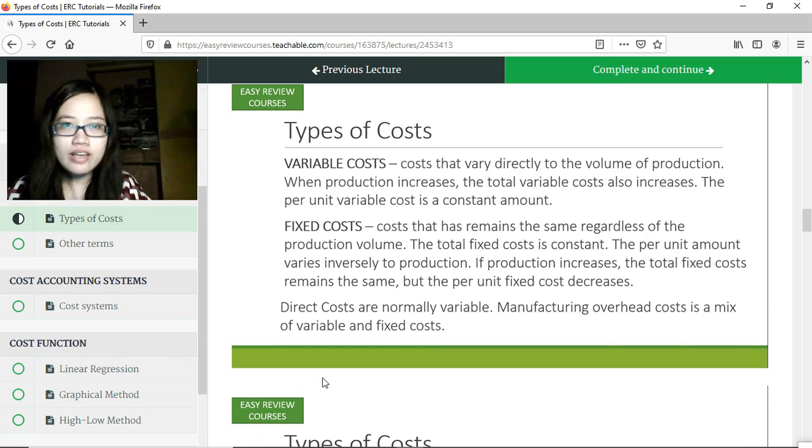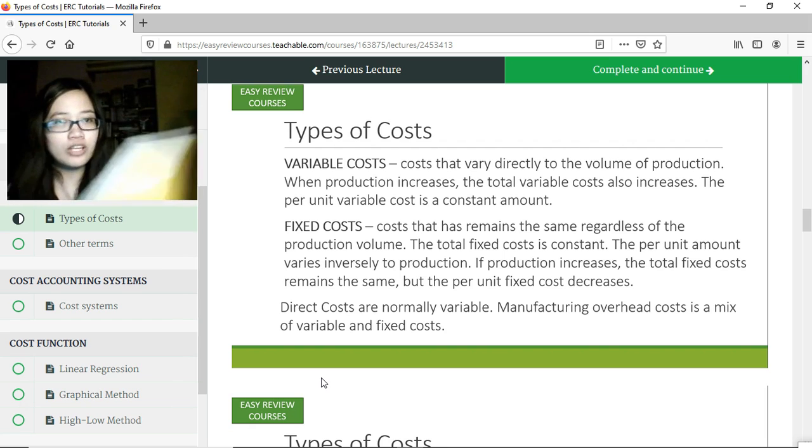And then, we have variable cost and fixed cost. Okay, itong variable cost na tinatawag natin, ibig sabihin, nagba-vary siya directly to the volume of production. So, kapag tumaas yung number of units na ipoproduce, yung total variable cost is tumataas din. Okay? Meron tayong tinatawag na per unit variable cost, kaya siyang computin, which is a constant amount.